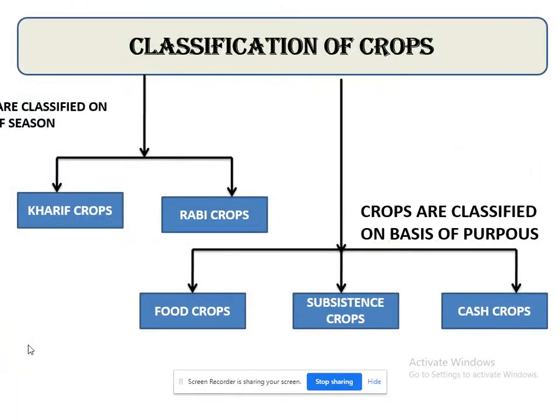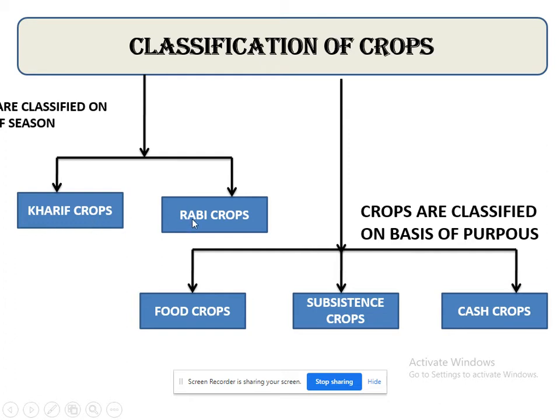So next one is what here? Classification of crops. So how we classify crops? First one, crops are classified on the basis of season. Second one is crops are classified on the basis of purpose. First one let us study, that is the crops which are classified on the basis of season. First classification is Kharif crops.